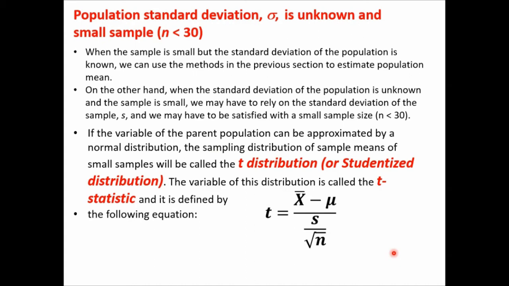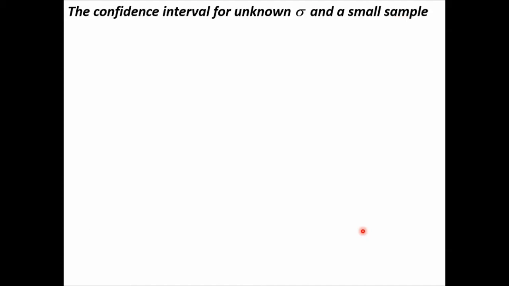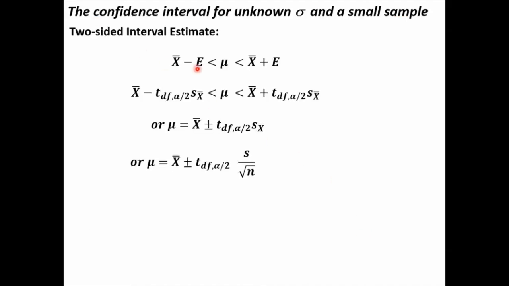Now if we arrange this equation, we can obtain the confidence interval. And here is how it looks. Again, as we mentioned in the previous session, mu will be determined by a point estimate, which is the x bar, plus or minus the margin of error e.